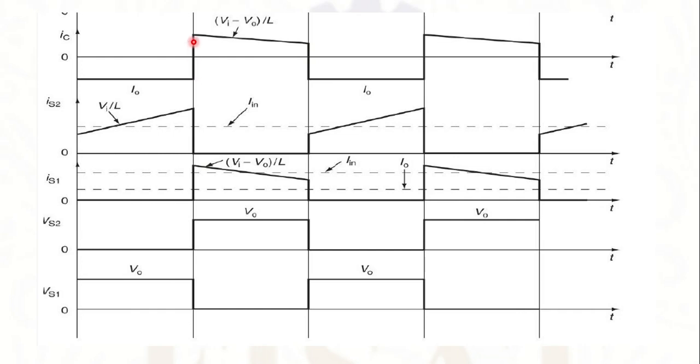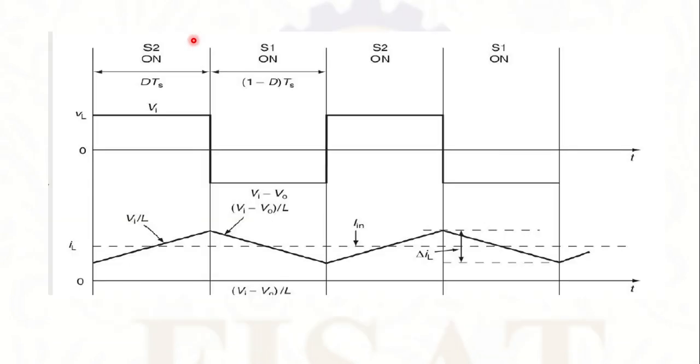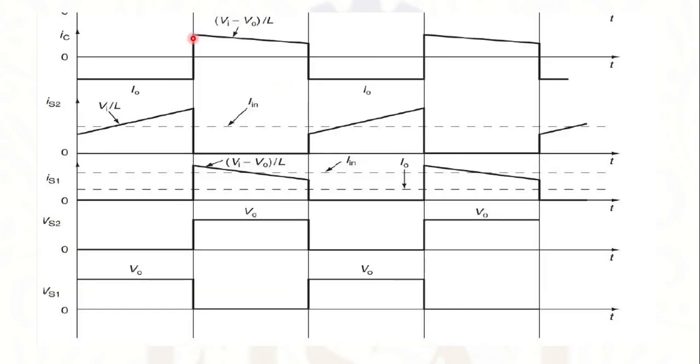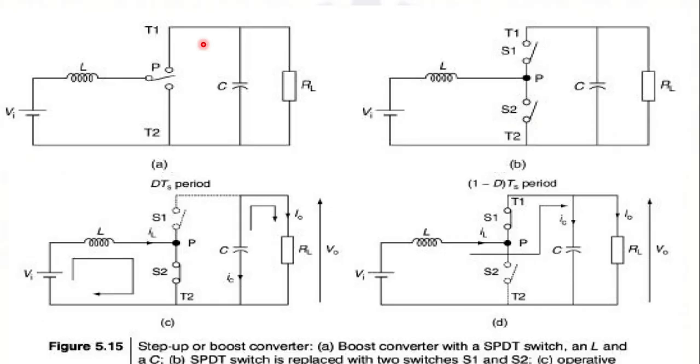During the 1 minus D into Ts time, the capacitor current increases and then starts decreasing, because this is provided by the input side and the charge stored in the inductor. That value is Vi minus Vo divided by L. The current through the inductor is given to the capacitor.